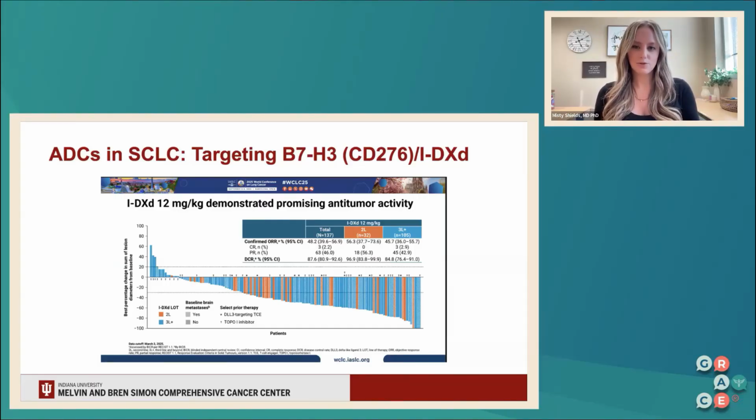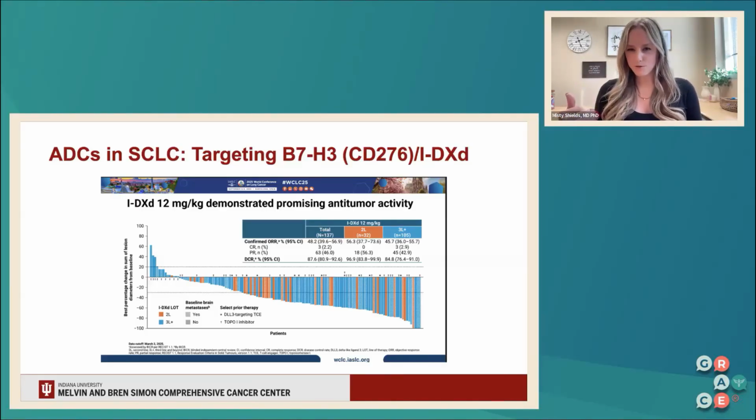And what you can see here is patients received it as demonstrated here. This is a waterfall plot, because we want to see the waterfall being predominantly on the lower part of the side, meaning this is shrinkage of the tumor from baseline at 0 when the patient started the study. So we'd like to see it all the way down at 100%, meaning a complete response, no visible tumor.